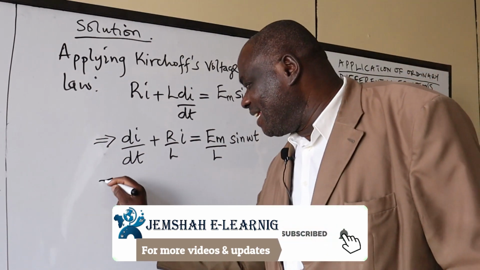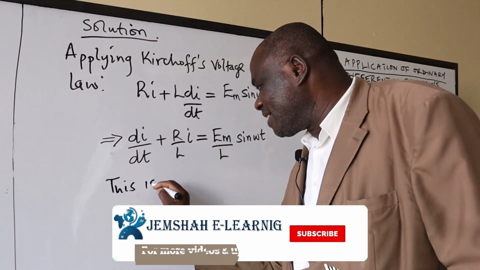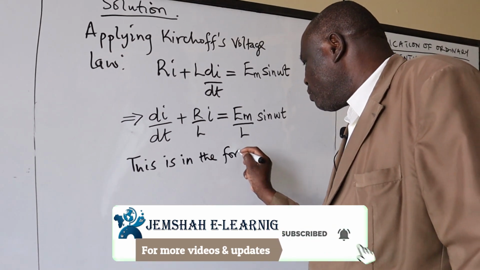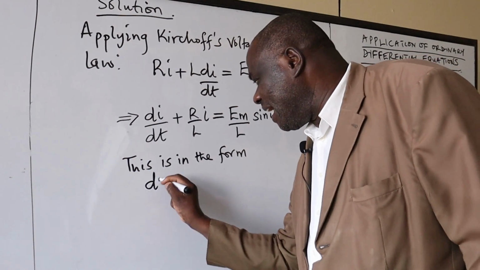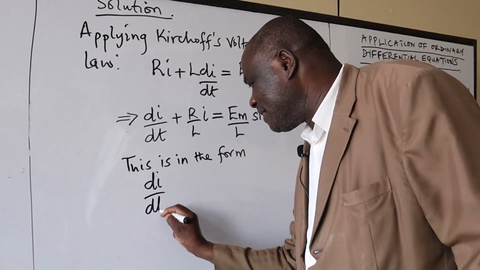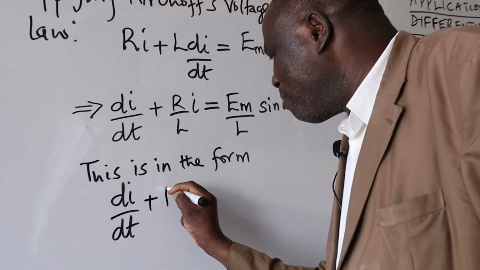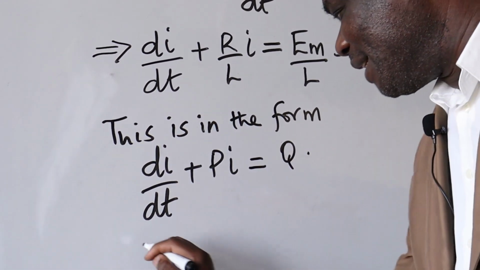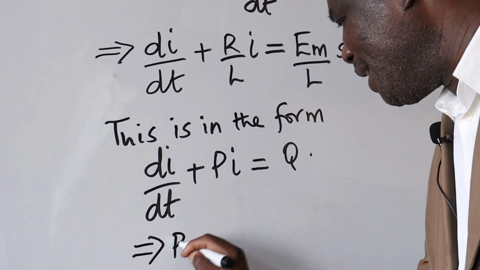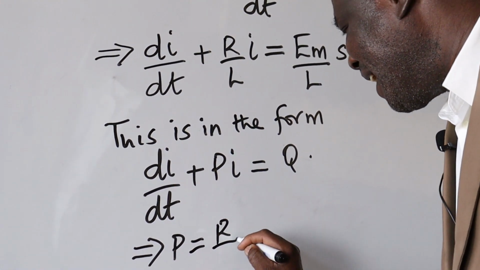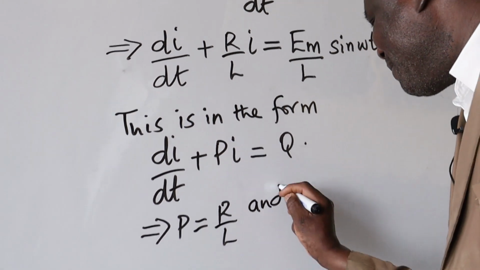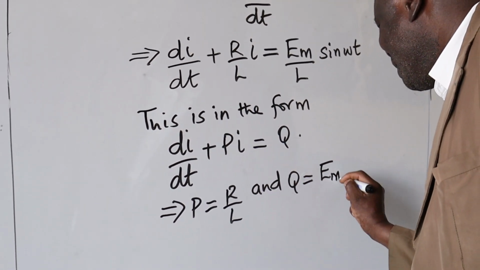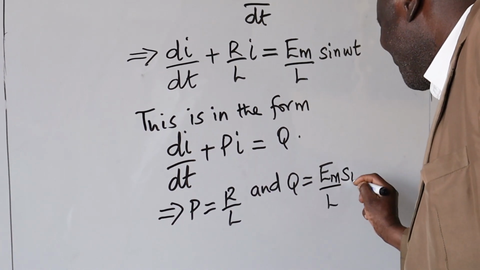So this is in the form di/dt plus Pi equals Q. This implies our P is equal to R over L, and Q is equal to Em over L sine omega t.